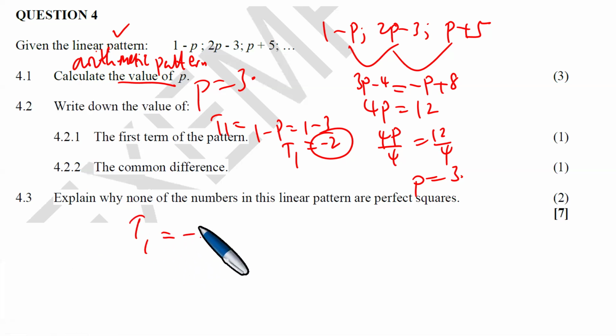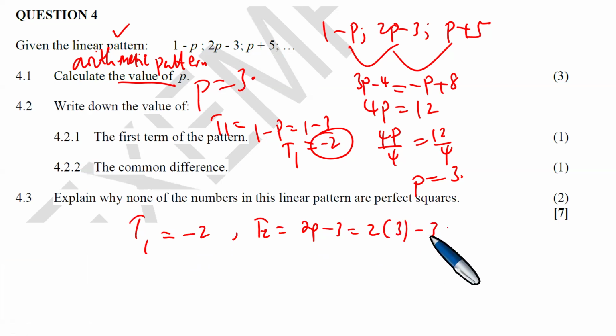The first term is minus 2, and then we need the second term. What is the second term? The second term is 2p minus 3, which is 2 times 3 minus 3, which is 6 minus 3, which is 3. That is the second term. So the common difference is T2 minus T1.